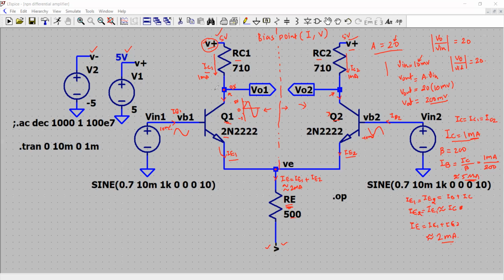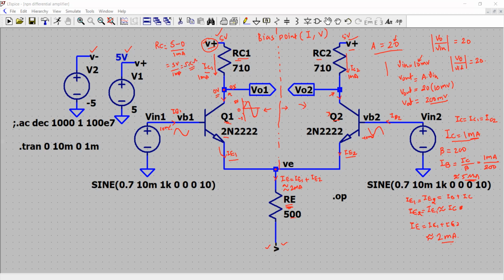Okay, so let us say here is my 0 volt, right? And now I can actually get the value of RC. RC would be in that case 5 minus 0 divided by 1 milliampere. So it comes out to be 5 volt divided by 1 milliampere, and it comes out to be 5 kilo ohm.